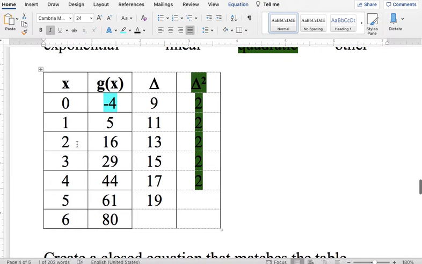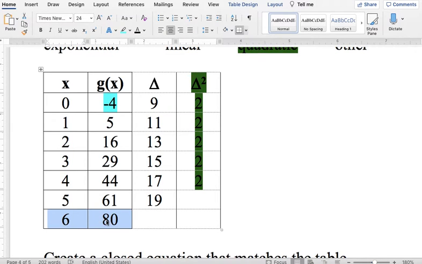Okay, so I think I'm going to actually choose 6 comma 80. And that's because since this 80 ends in a 0, I think it's going to be a nice number for me to use. So I choose to use these. You could have chosen to use any of the other 4 pairs. I'm going to choose 6 and 80.